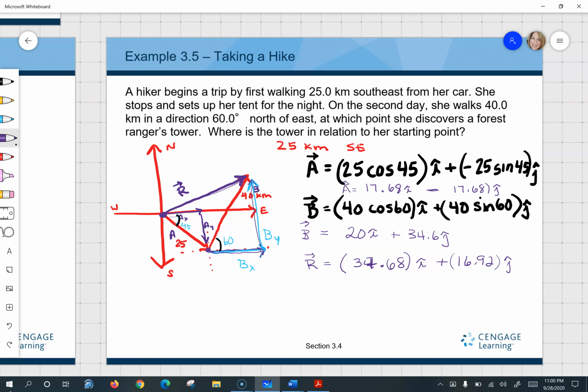So that's great. That'll tell me if I go over 37.68 and up 16.92, that'll give me where this resultant vector is.